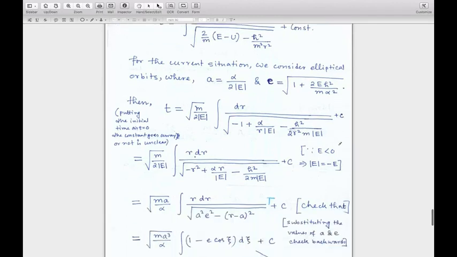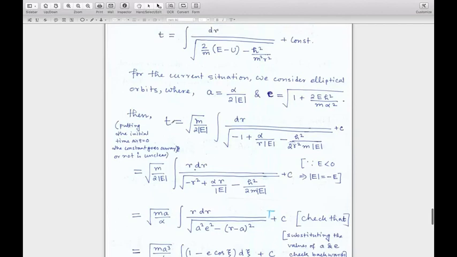Then you can simply write that T is equal to root over m by 2 mod E integration dr over square root of minus 1 plus alpha by r mod E minus h square by 2 r square m mod E, plus the constant of integration.